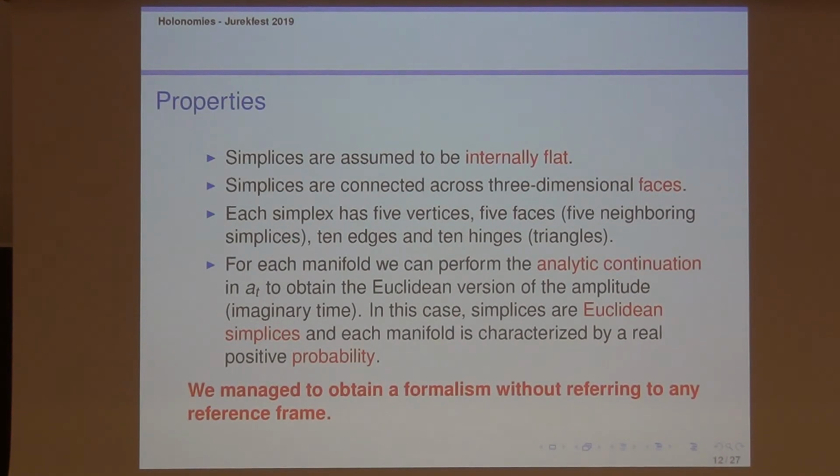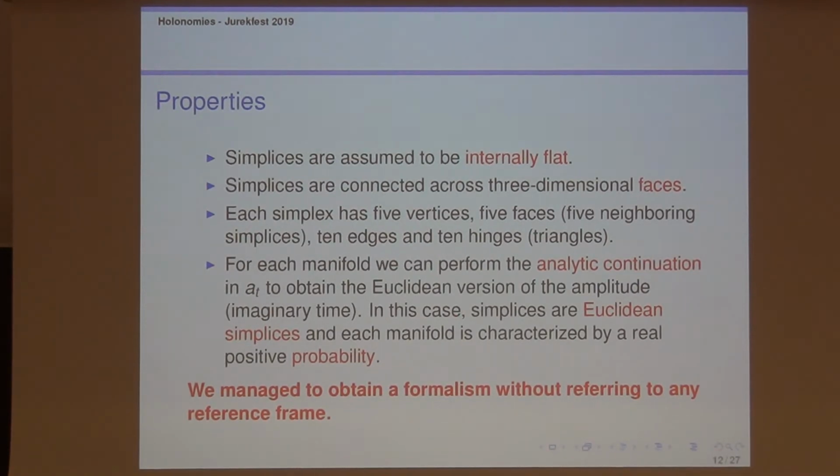It also has exactly 5 neighbors, which means 5 faces, 10 links and 10 triangles, which are the hinges in this construction. In this sense, we have this simple time evolution. We can analytically continue from Lorentzian signature to a Euclidean signature, but still remembering the direction of time. That corresponds to analytic continuation in the length of the time links to an imaginary value.